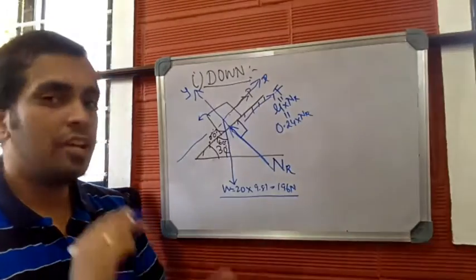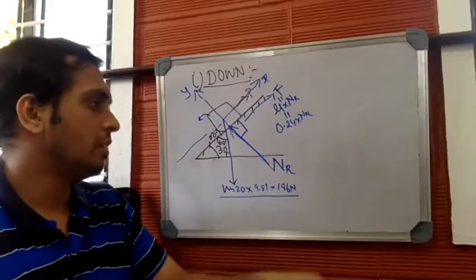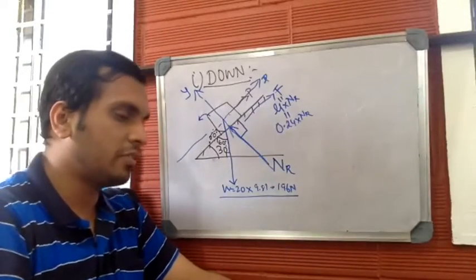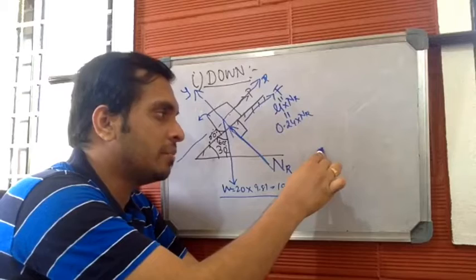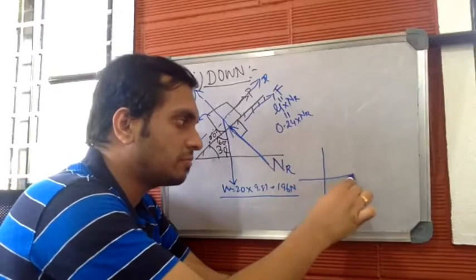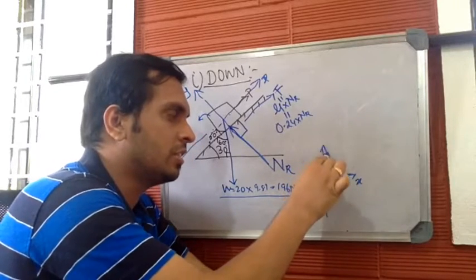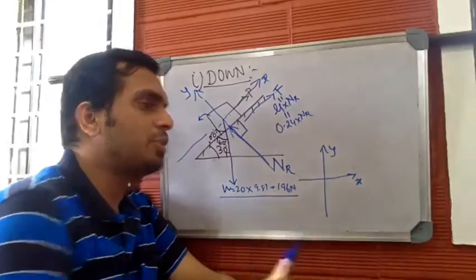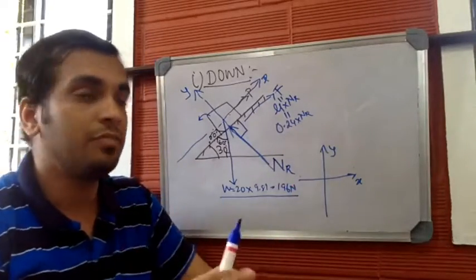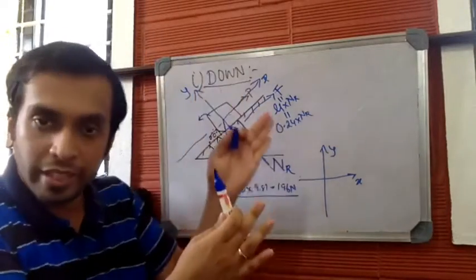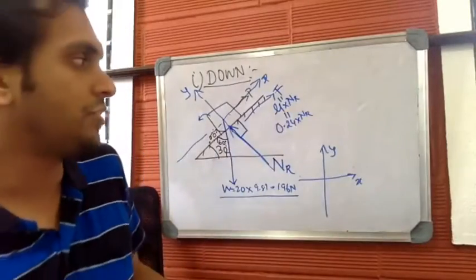In step number 5, we will draw the free body diagram. This will be the x-axis, y-axis. So I have to reproduce only the coordinates and forces. Here the coordinates are inclined. Let me remove the inclination and draw it straight.